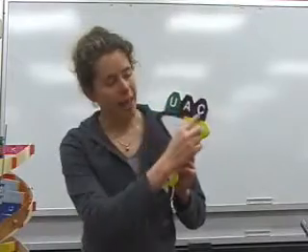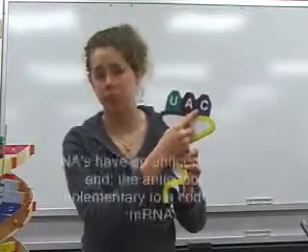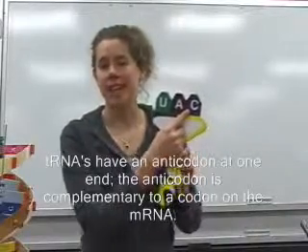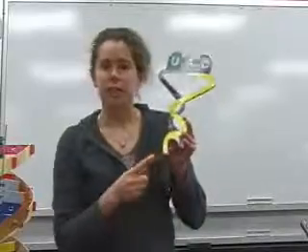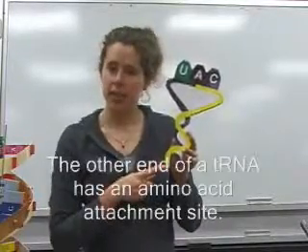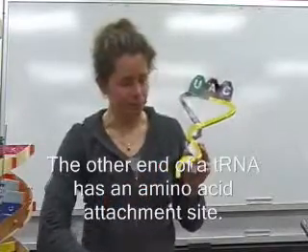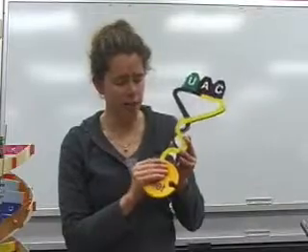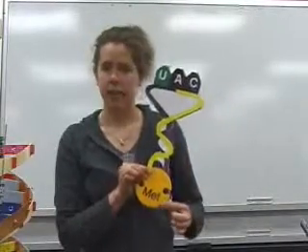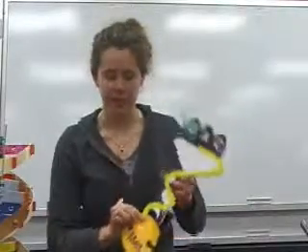One is that at the one end of this molecule, 3 bases are left exposed. We call this an anticodon. The second critical feature is that there's an amino acid attachment site on the other end of our tRNA, our transfer RNA. So I'm going to show that an enzyme in my cytoplasm has attached an amino acid at this other end for me.